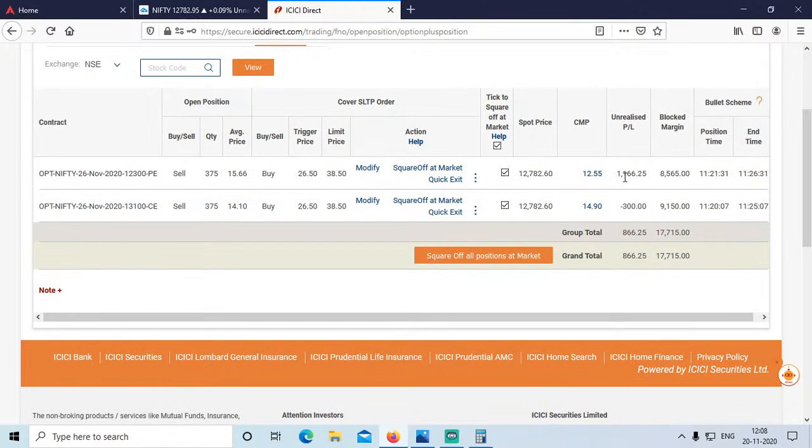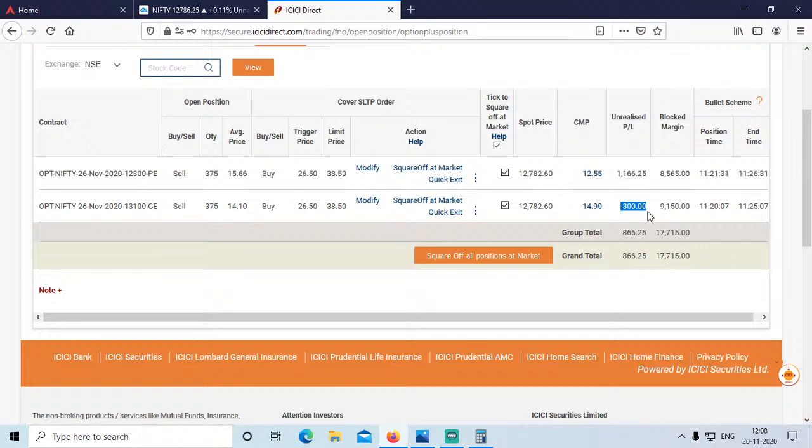Okay, suddenly this got increased to 1166 and this is giving minus 300, and together it is coming the same 866. See, you have to check one thing. This is put option sell, that is giving profit. This is call option sell, that is giving loss.